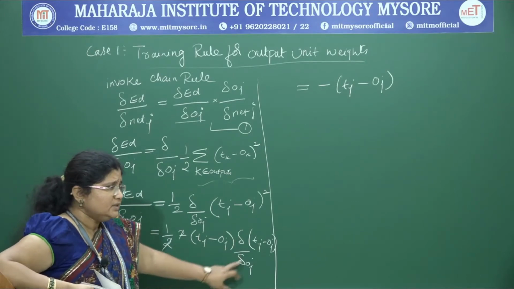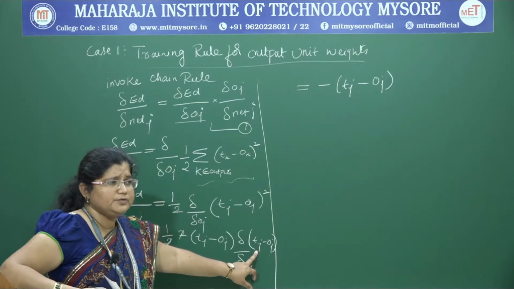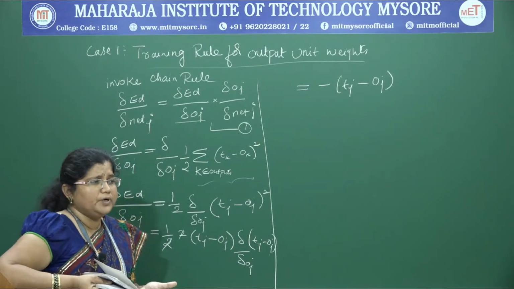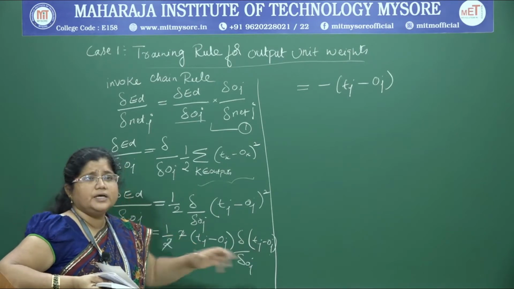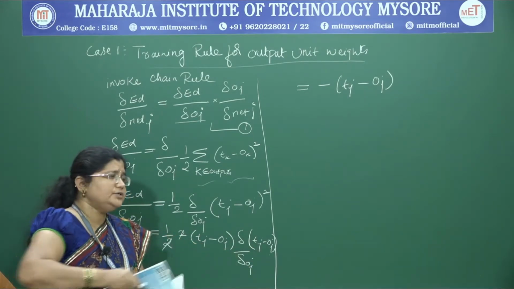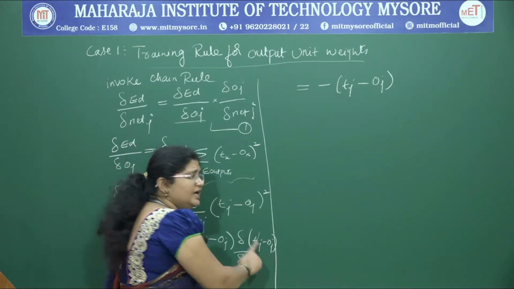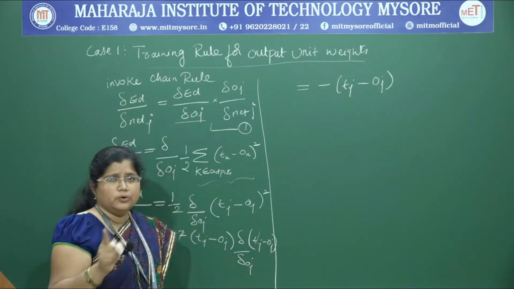After this, see what happens here. Tj is the target output which we are going to obtain. Now we have not obtained the target output, so the output Oj is 1. We are going to just remove this Tj, because we can't differentiate Tj with respect to Oj.